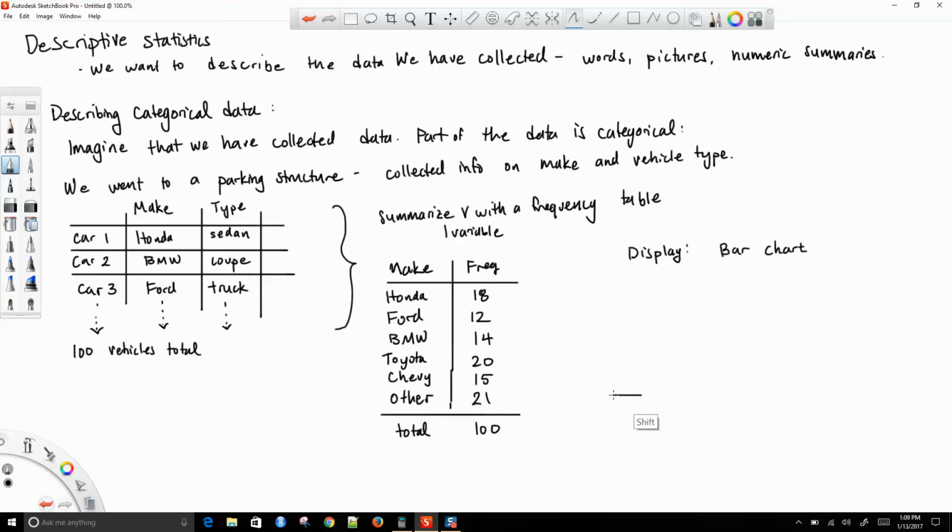With the bar chart, the vertical axis will represent the frequency, and the horizontal axis will be our different categories.